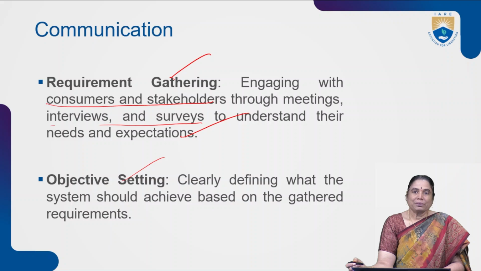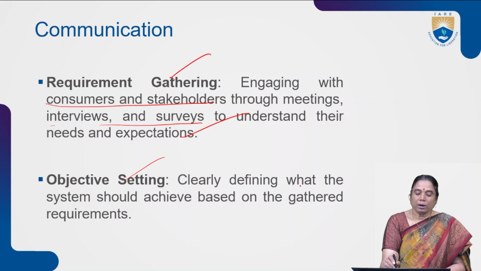The requirements are gathered from the customer, analyzed, a feasibility study is conducted, and the requirement engineering process is applied on the collected requirements. In objective setting, clearly defining what the system should achieve based on the gathered requirements.